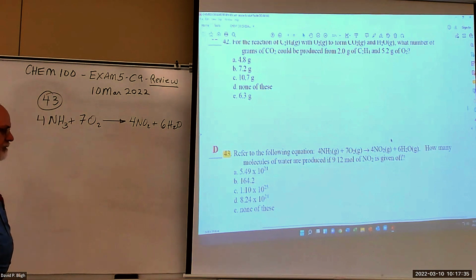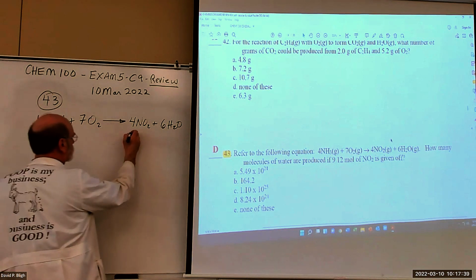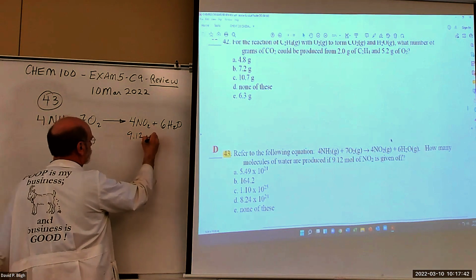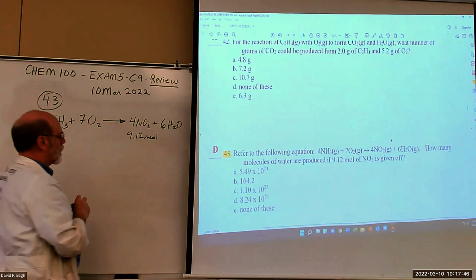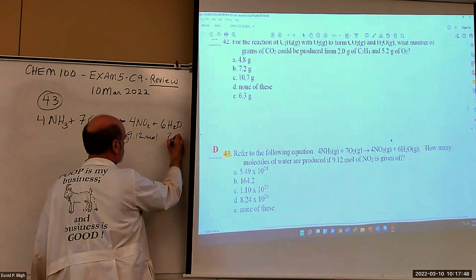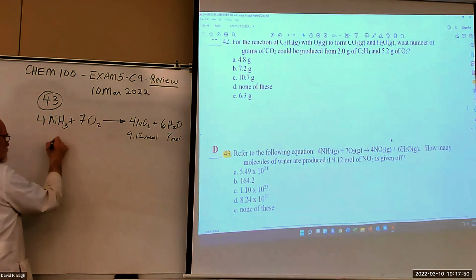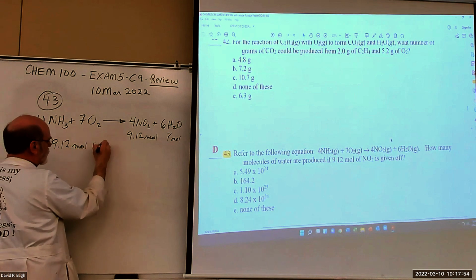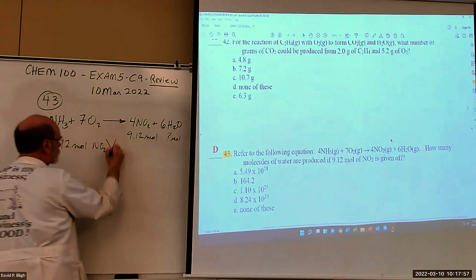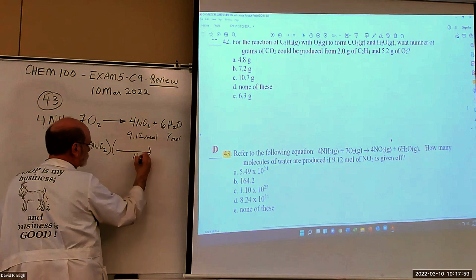And we're given 9.12 moles of NO2 given off. The question is, how many moles of water are also produced? So this is a simple conversion, actually. That many moles of NO2 have to be converted to water.